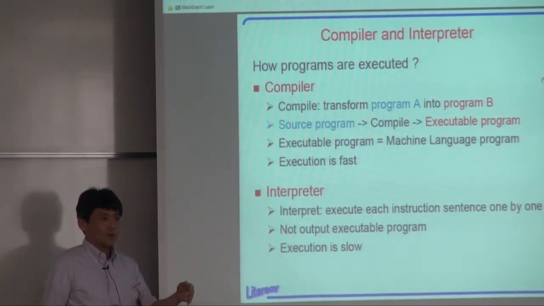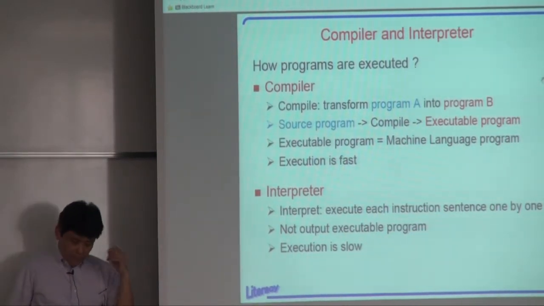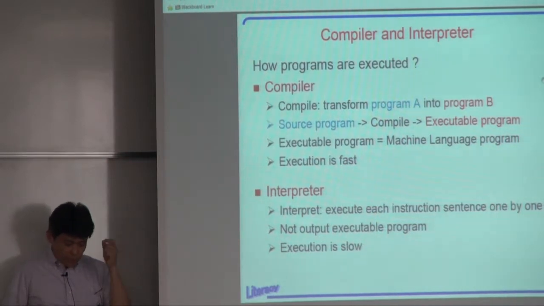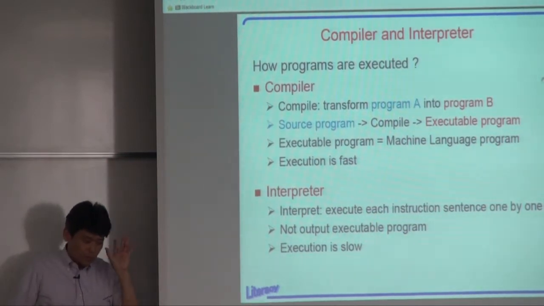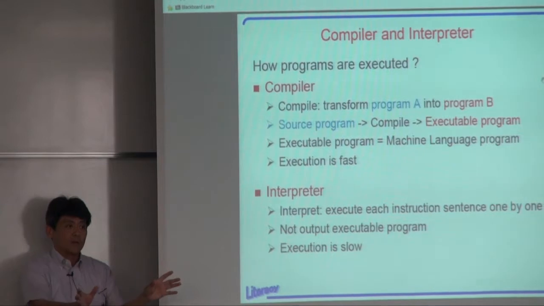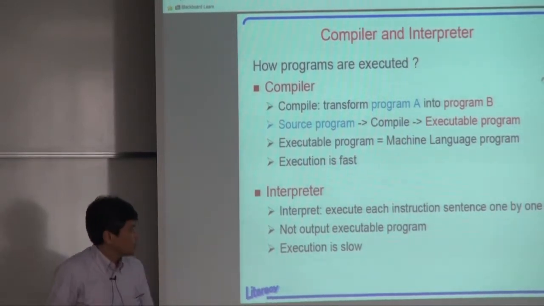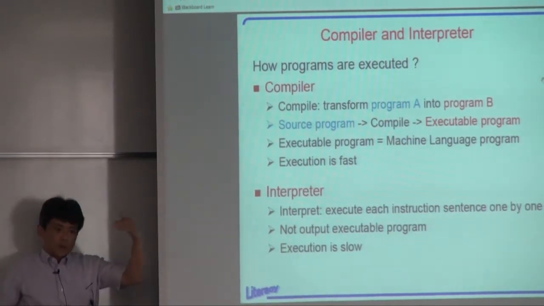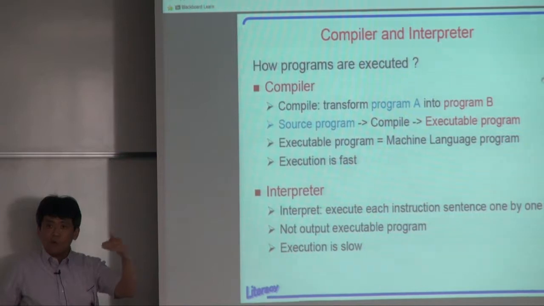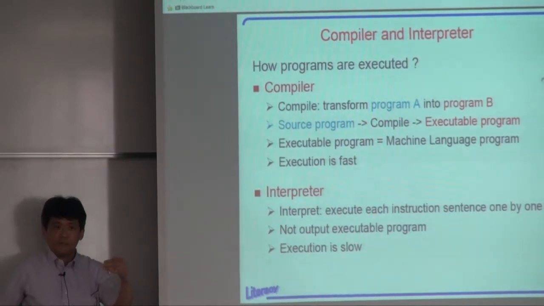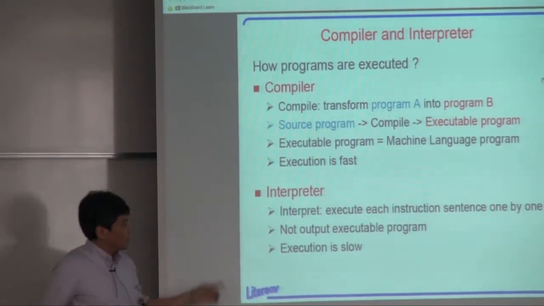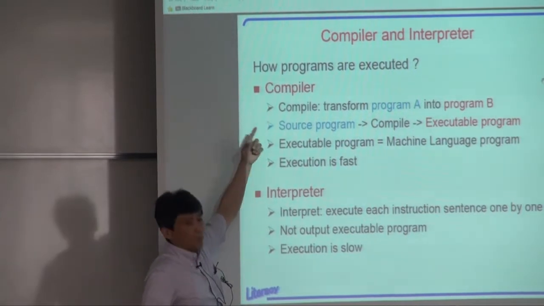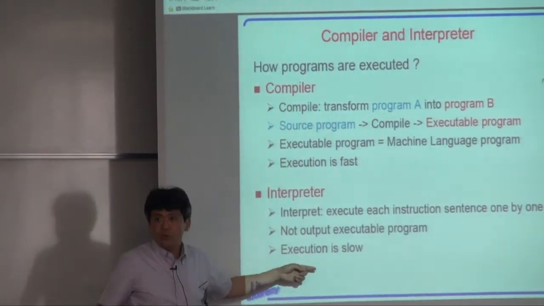Whenever you execute your program, you need both your source program and the interpreter program. So the execution is slow, because the interpreter interprets each sentence one by one. Rather than compilers, this is slower.